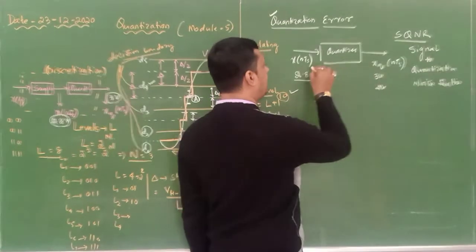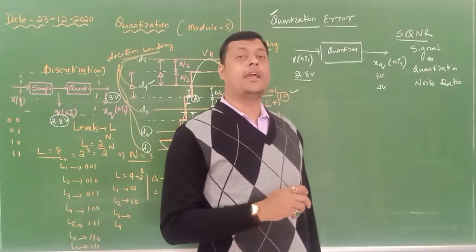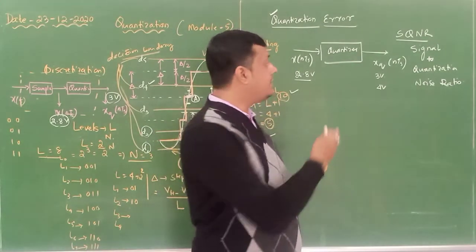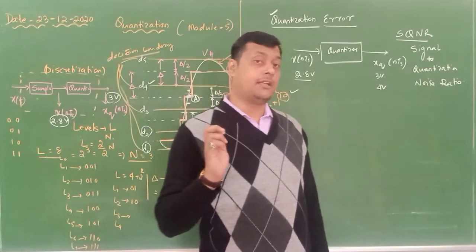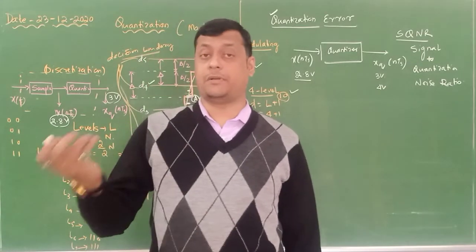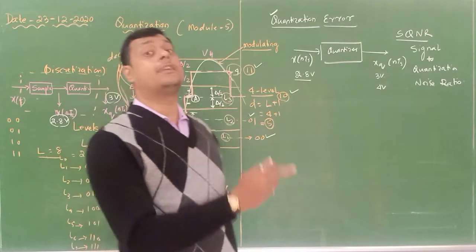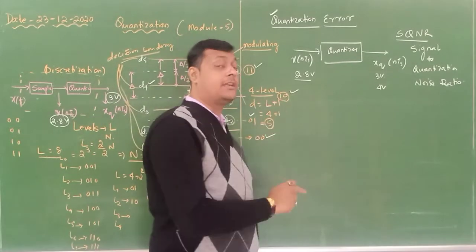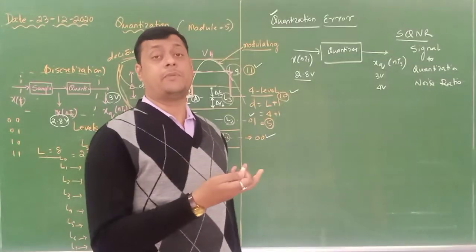The difference between these two. If you take the power of each component and take the ratio, you will get SQNR. The concept is that our signal strength must be so much better with respect to the noise that the signal to noise ratio must be greater than 1, because signal quality must be high with respect to the error.